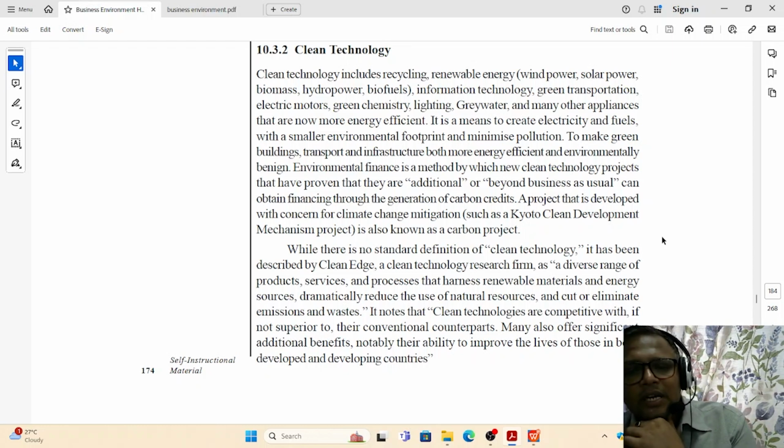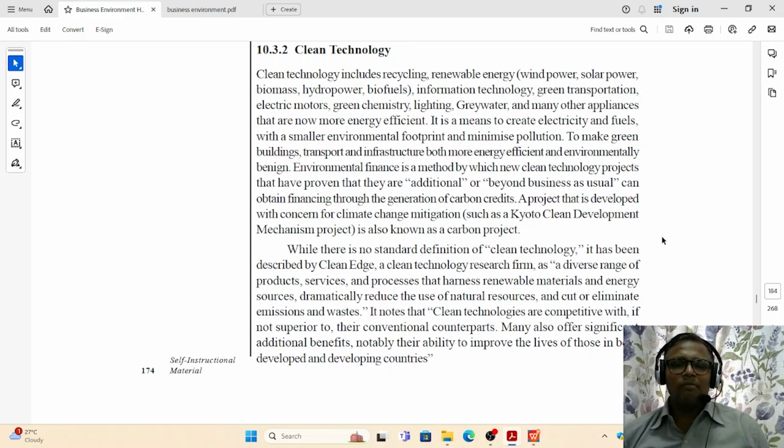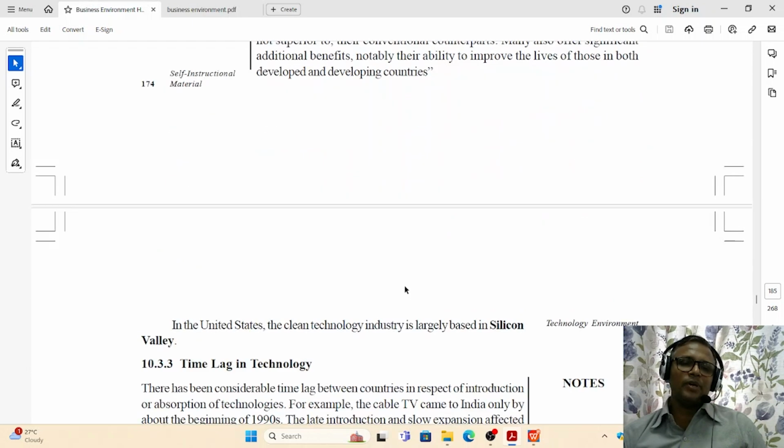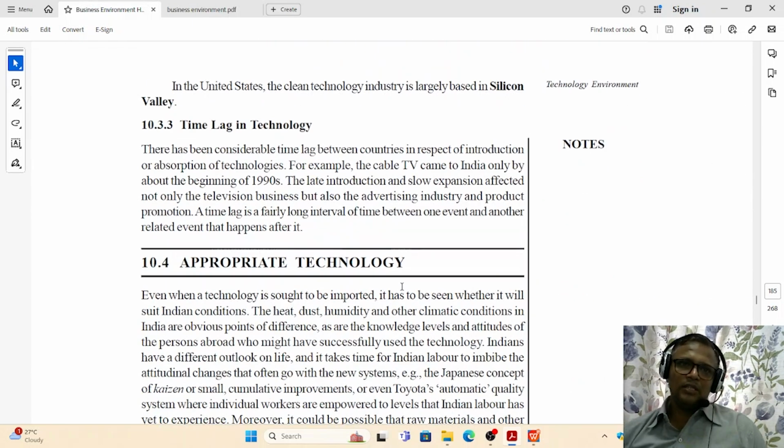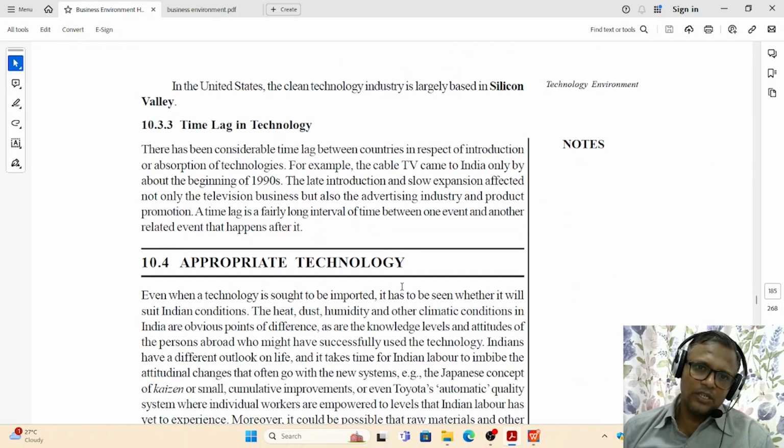It is noted that clean technologies are competitive with, if not superior to, their conventional counterparts. Many also offer significant additional benefits, notably their ability to improve the lives of people in both developed and developing countries. In the United States, the clean technology industry is largely based in Silicon Valley.